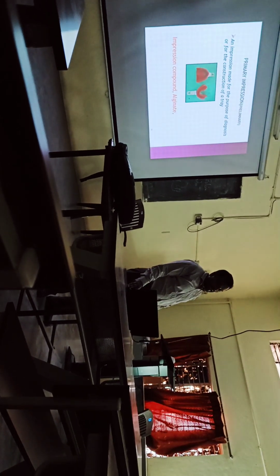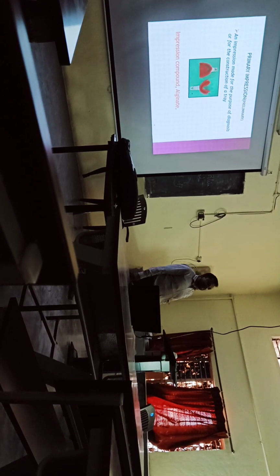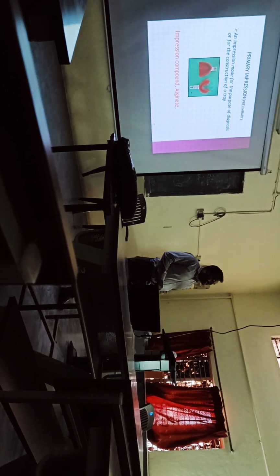What do you mean by primary impression? It is an impression made for the purpose of diagnosis or for the construction of the special tray. What materials do we use for primary impression? Mainly impression compound and alginate.